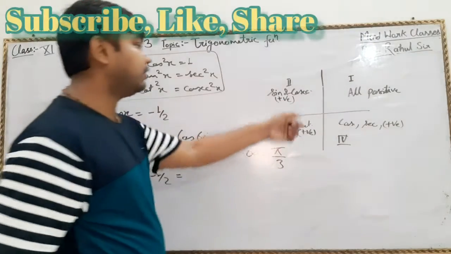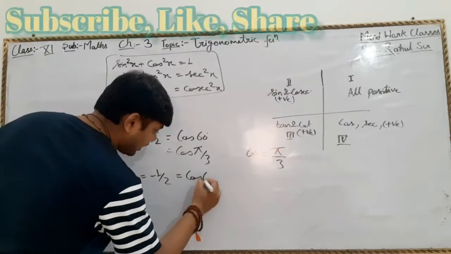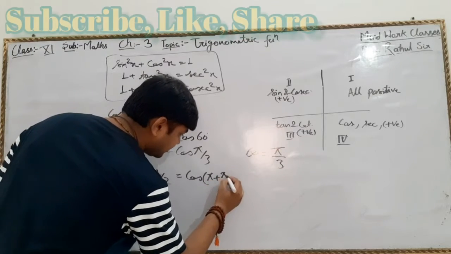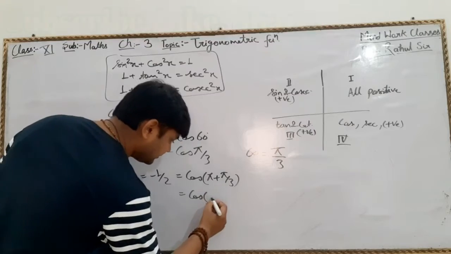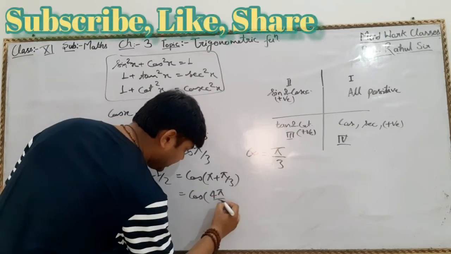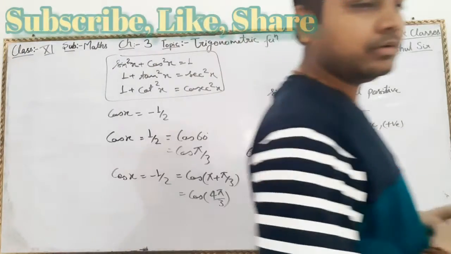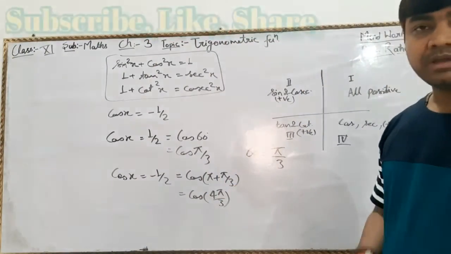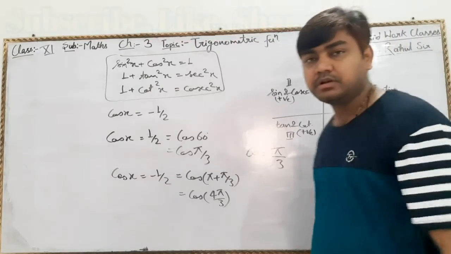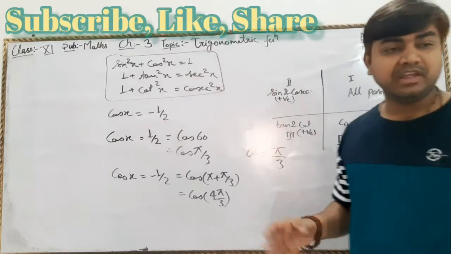So you are in the third quadrant, so you have to add pi also. So cos of pi plus pi by 3, that is cos 4 pi by 3. Okay, now you have found the value like this.